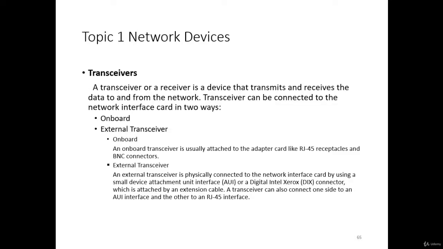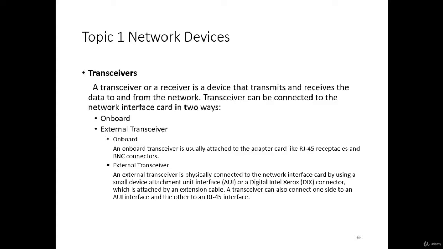Transceiver. A transceiver is a device that transmits and receives the data to and from the network. A transceiver can be connected to the network interface card in two ways: onboard or external transceiver. Onboard transceiver is usually attached to the adapter card like RJ45 receptacles and BNC connectors.